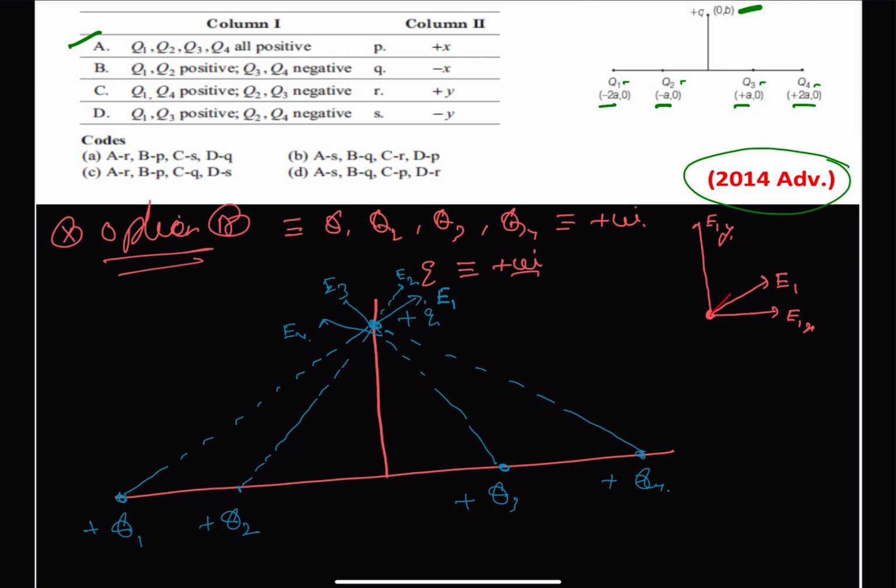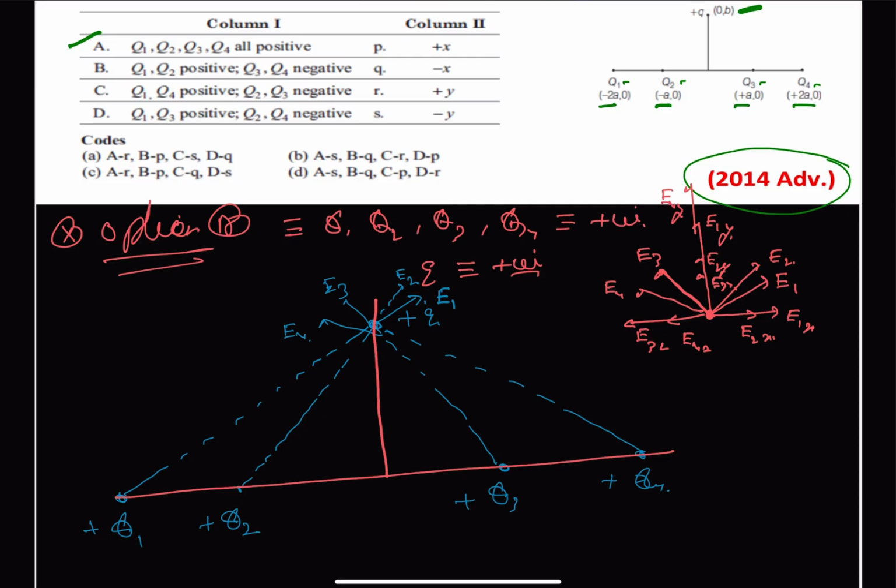Similarly, we have E2, once again two components, E2x and E2y, and from the other side this is E3, so this will be E3x and E3y, and finally we have E4, with E4x and E4y.